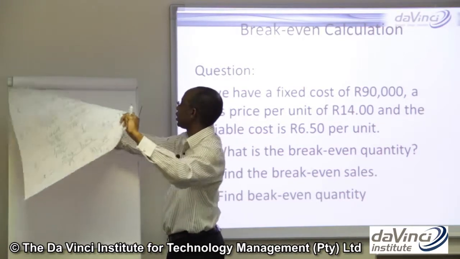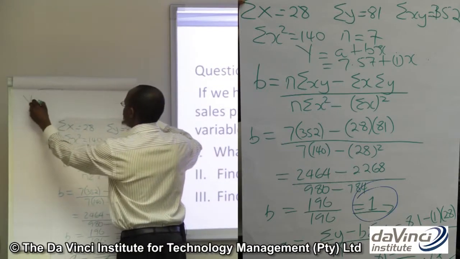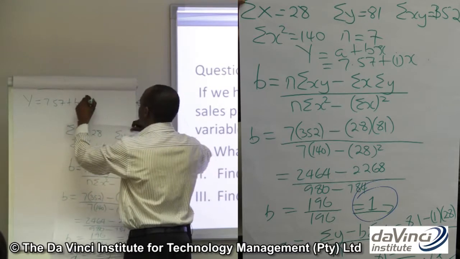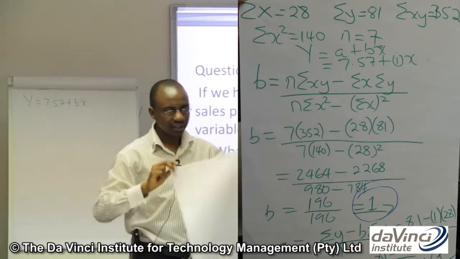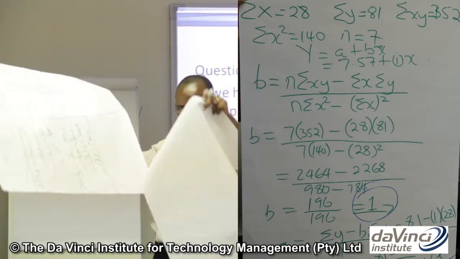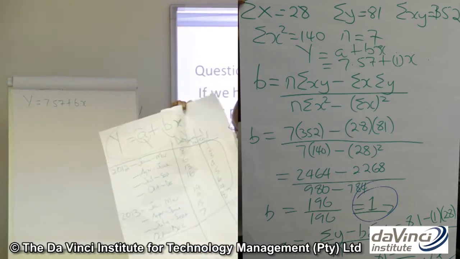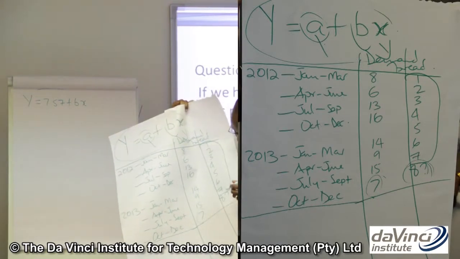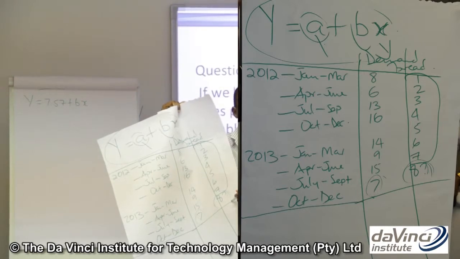Y is equal to 7.57 plus bx. Now in terms of this first one, what are we looking for? We are looking for that value, which is the 8th period.